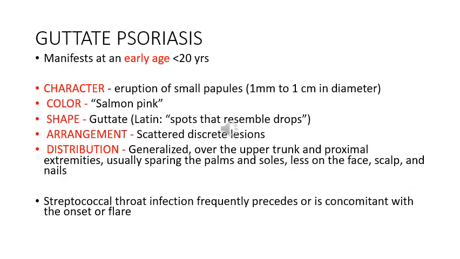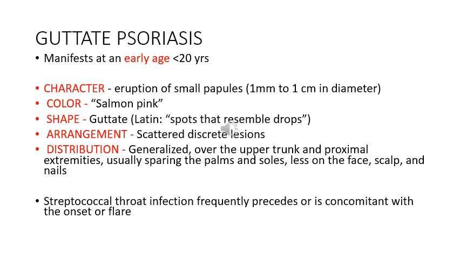Guttate psoriasis usually manifests at an early age, less than 20 years of age, so it is seen as type 1 psoriasis. The character of guttate psoriasis is the eruption of small papules, that is small, raised elevations 1 millimeter to 1 centimeter in diameter.